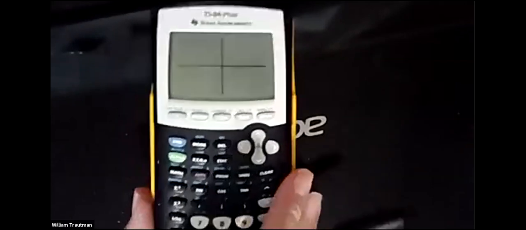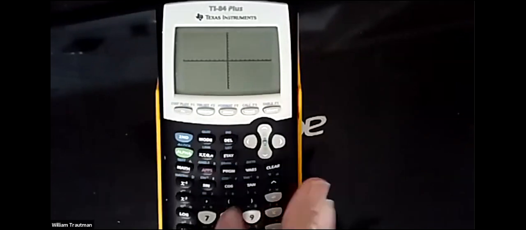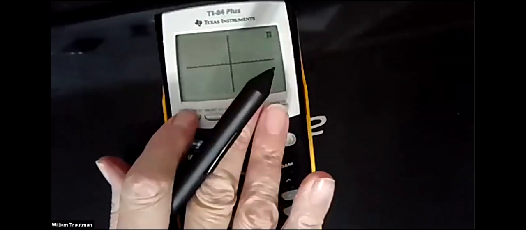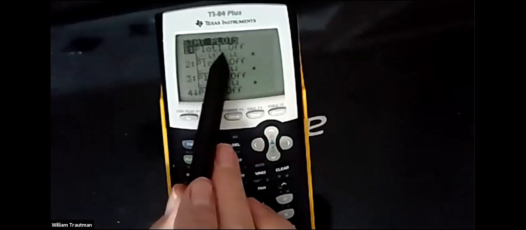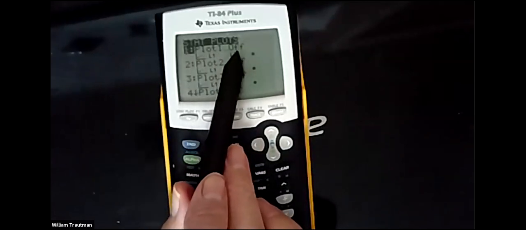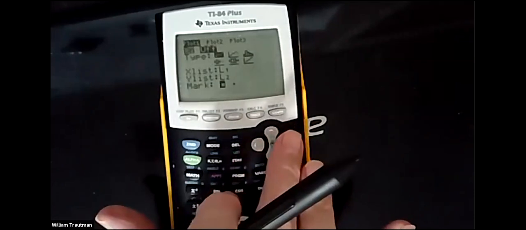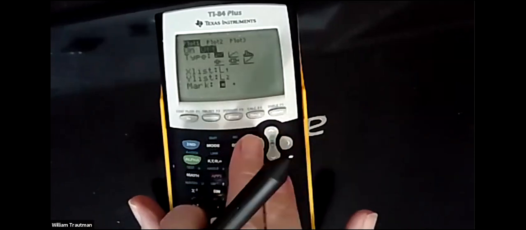If we look at our calculators, right above the y equals, it says stat plot. So I'm going to hit second y equals, and that's my stat plot. Do you see how it says plot number 1 is off? So I'm going to hit enter. And I can arrow the buttons now. I want to arrow it over to on and hit enter. So the stat plot is on.